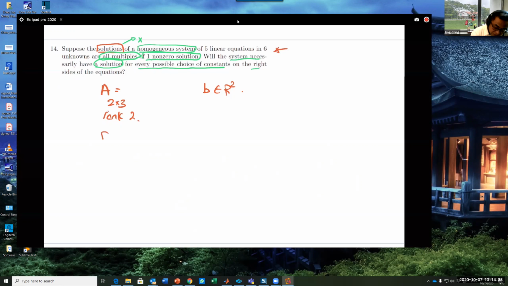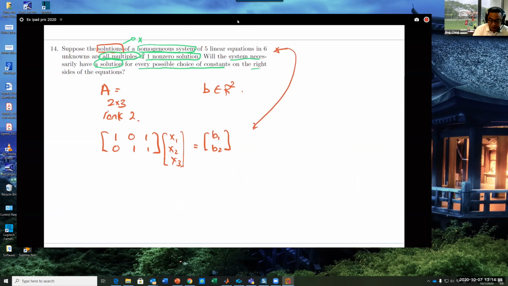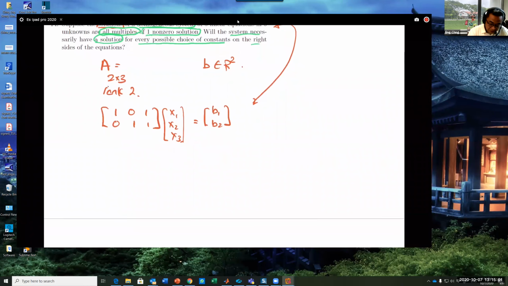Let A be very simple such that I have 1, 0, 1, 0, 1, 1. And therefore now I have the x's as x1, x2, and x3. And then I have b1, b2. So this problem is very close to this problem. All right, so let's figure out what we can find.